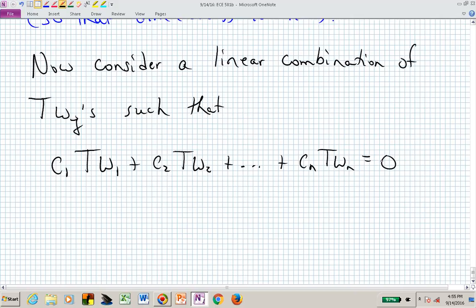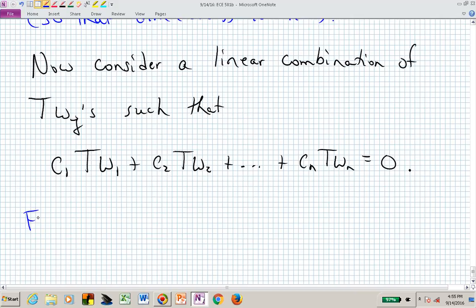Suppose we found some scalars that allow that to be true. And that's possible. We can always find a linear combination of vectors to give us 0.